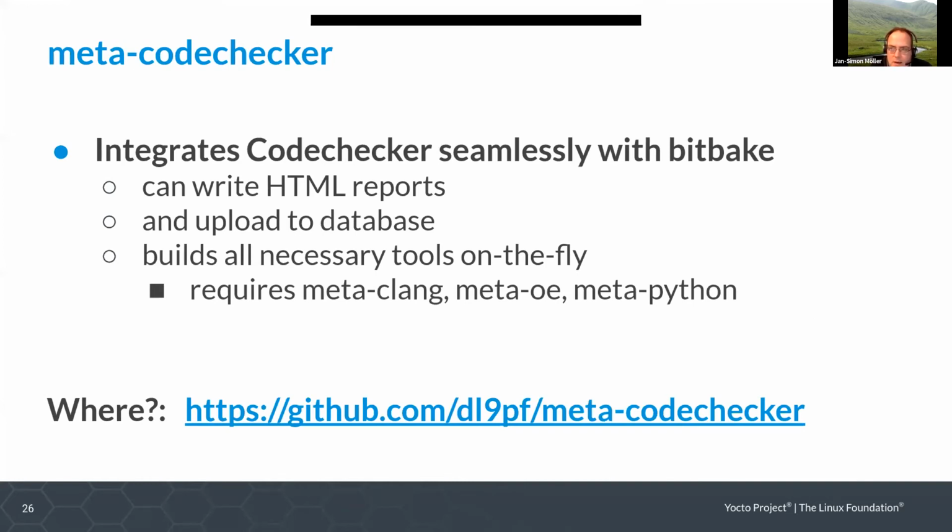So we are pulling down code, pulling down the Python bits. Of course, there is room for improvement, but so far it works. You'll find it on my GitHub under meta-codechecker. We need meta-clang, meta-OE, and meta-python for this to work out.